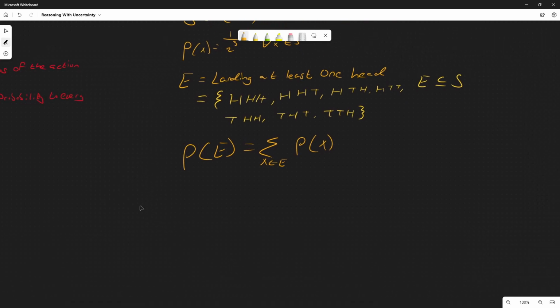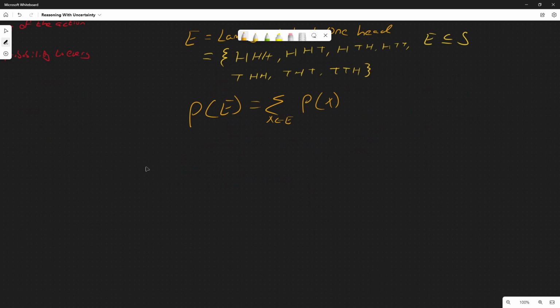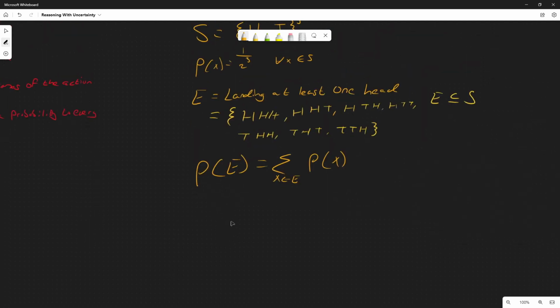Now, some important operations to know: these are events, so you can do all of your regular operations. But for the situation I did just then, of landing at least 1 head, if this was a more complicated scenario, or if you had a non-uniform distribution, finding that could be pretty difficult. If you had a very large sample space, and you're trying to find only one thing which isn't the case, that could be quite difficult.